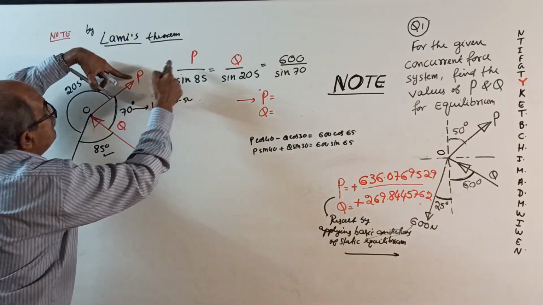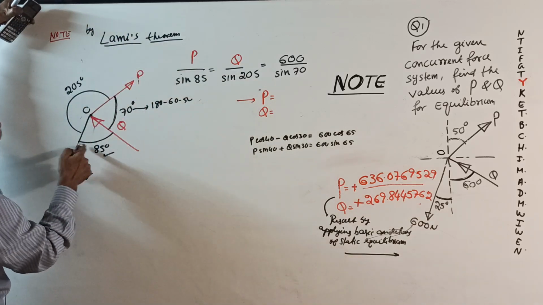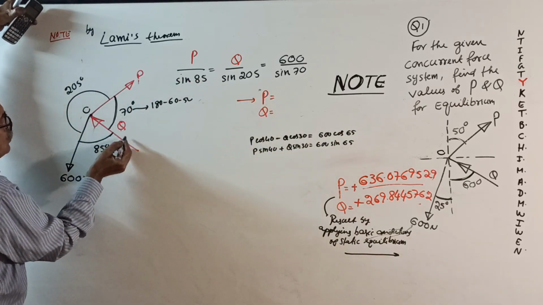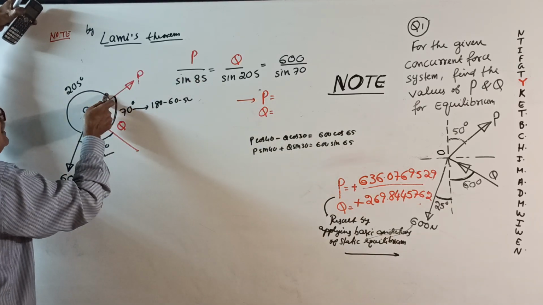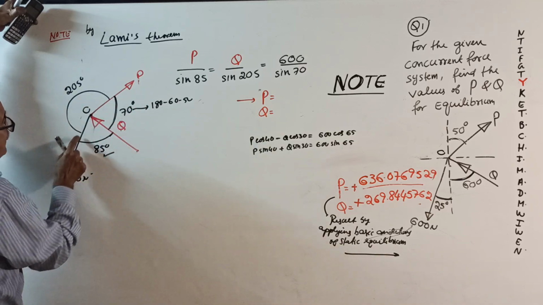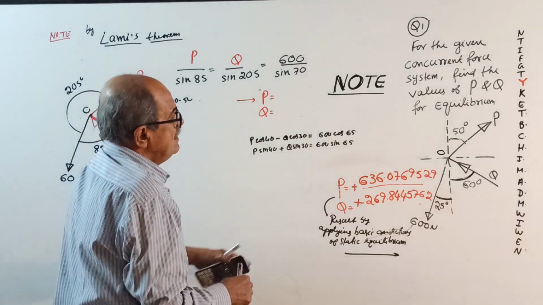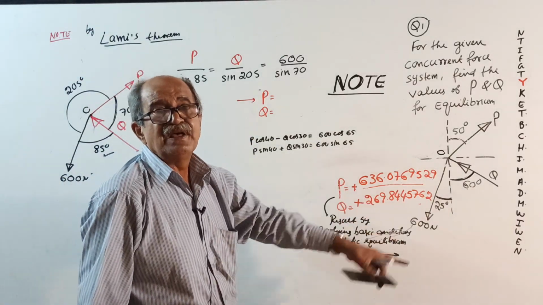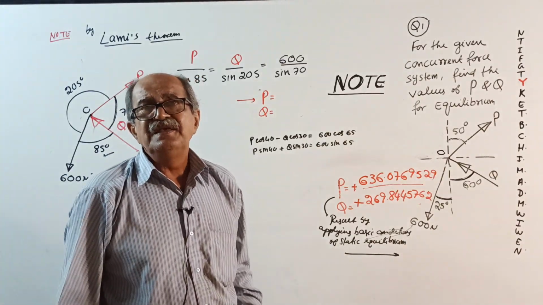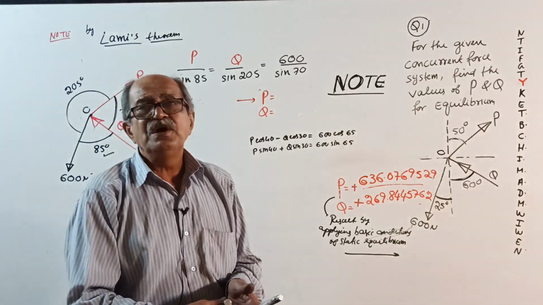See, force P divided by the sine of the angle between the other two forces, sine 85, equals Q divided by the sine of the other angle, sine 205, equals 600 divided by sine 70. Solve it, you have to get the same answer. I told you, if the same answer is not coming, there is some technical mistake. My class will stop. I won't continue my teaching.